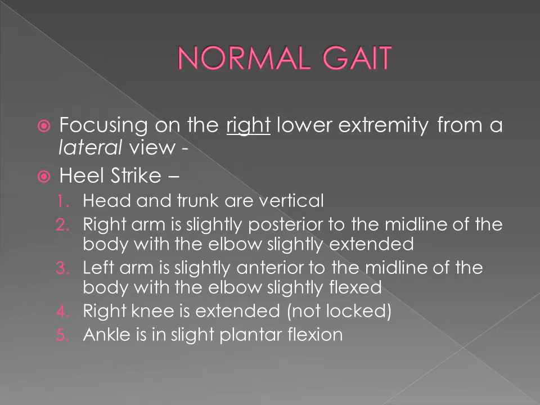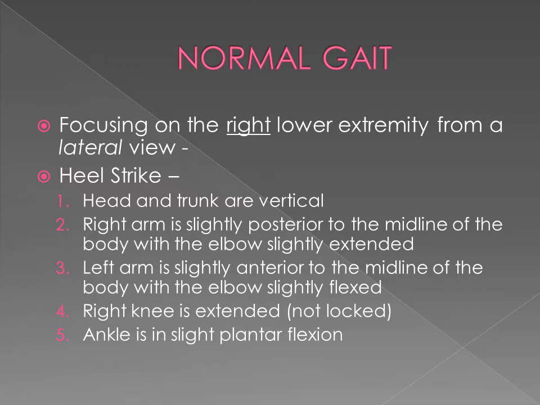These examples that we're going to go through now discuss normal phases of gait with the right foot. At heel strike, this begins with the initial contact of the heel on the ground. If we focus our observation on the right lower extremity from a lateral view now, we find that in normal heel strike, the head and trunk are vertical.